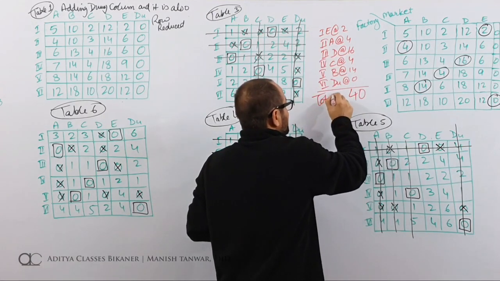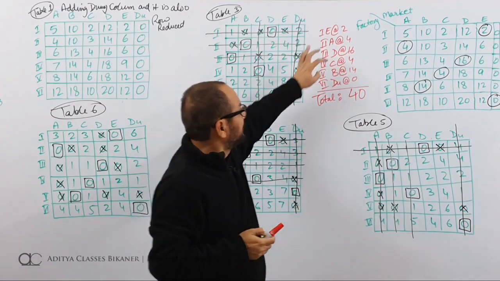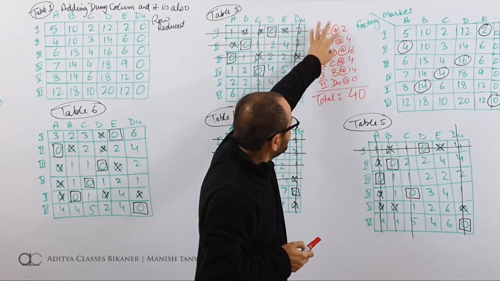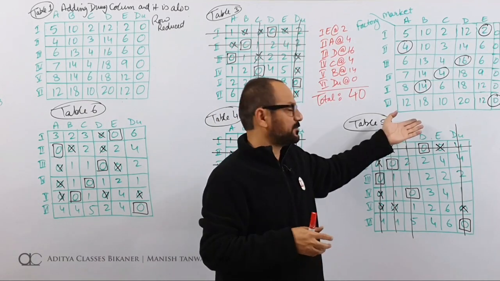This is my total expense, total cost, whatever you were trying to minimize. 16 and 14 is 30 and 10 is 40. This is how we solve an unbalanced problem.